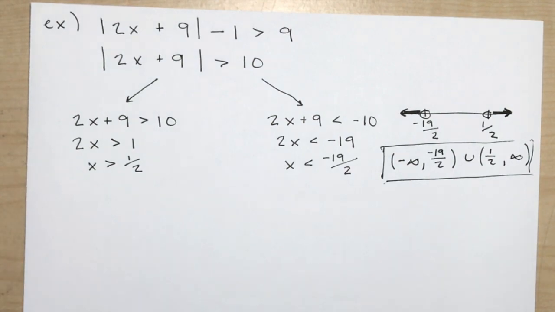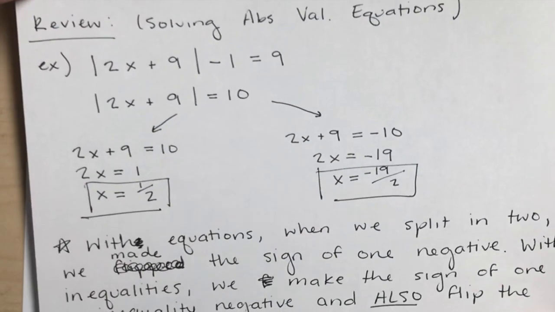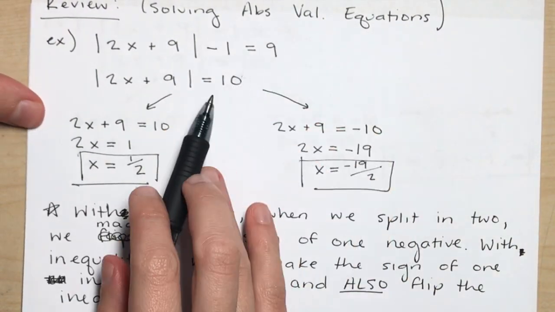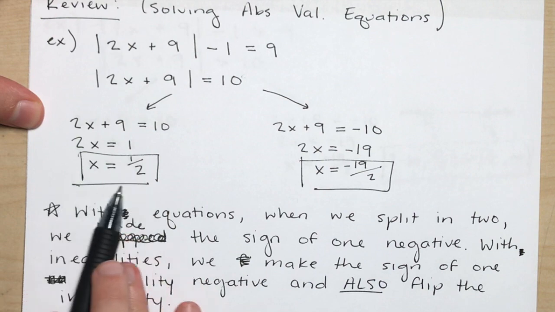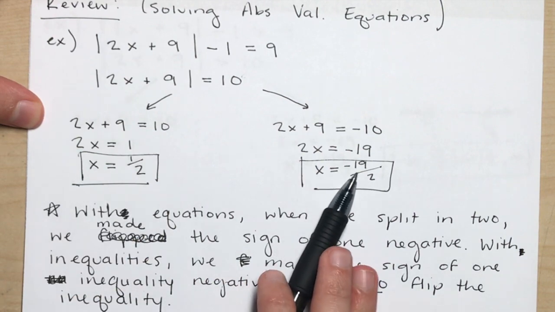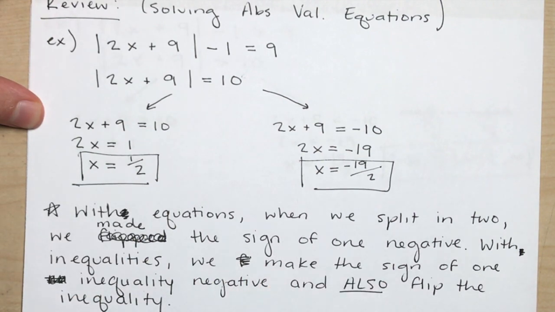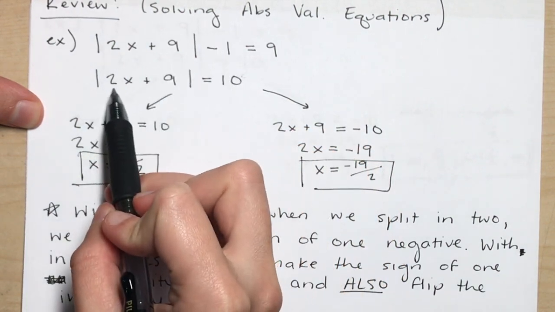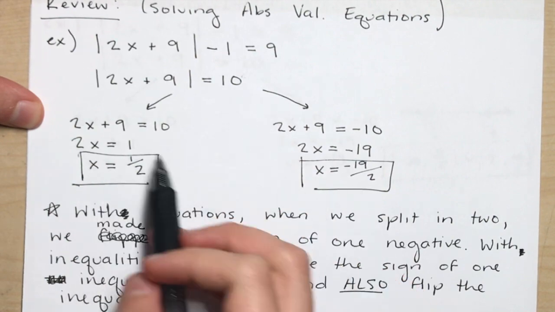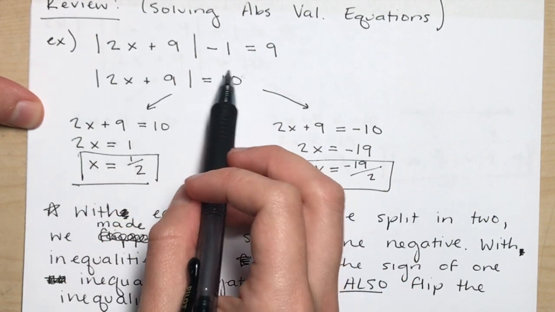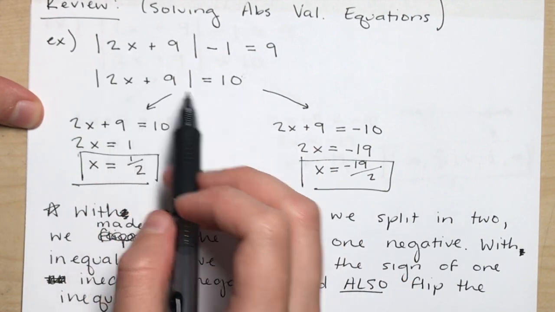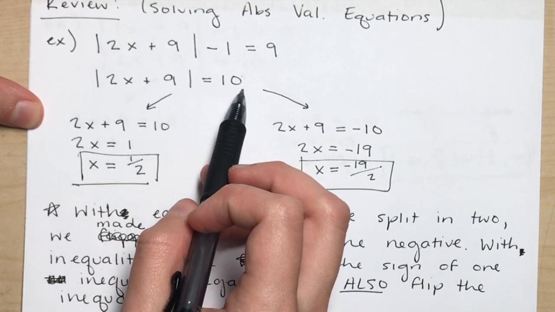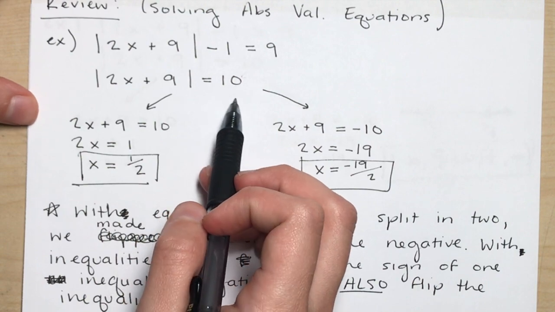So how is this different from the one we did before? Well, before we had the same thing, equals 9. We ended up with x equals 1/2 and x equals negative 19/2, right? Because those are the x values that make 2x plus 9 a distance of 10 from 0, exactly at 10 and negative 10.